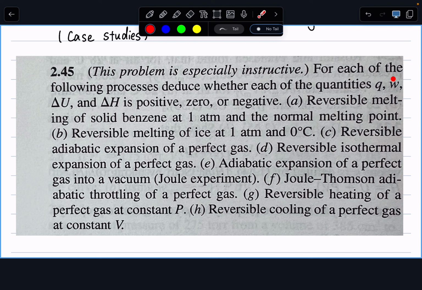So for example, this question is asking us to decide whether my Q, W, delta U, and delta H are positive, 0, or negative? All right, so we're going to do this together very quickly, and I'll do it on the board so you have access to these questions together.